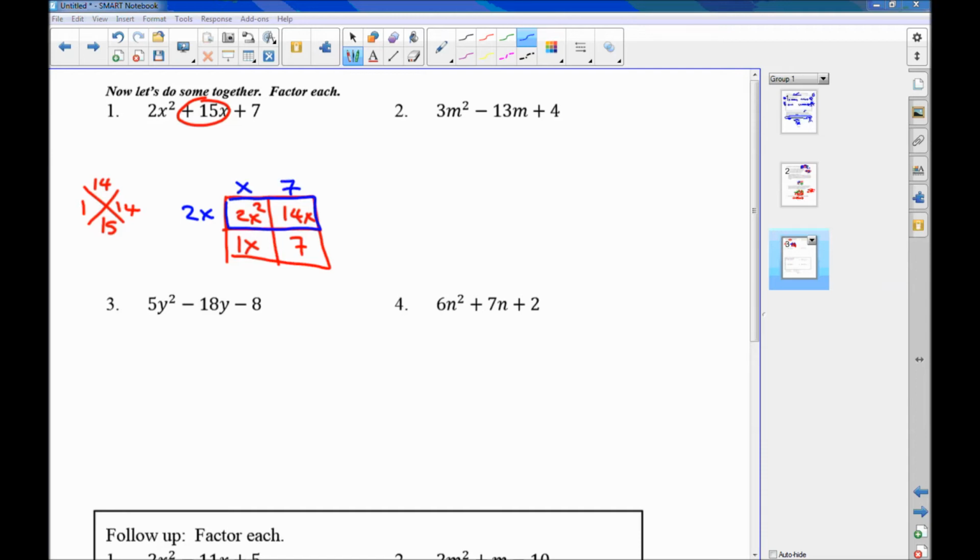So 2x times x makes 2x squared. 2x times 7 makes 14x. Okay, then we look at the second two, and we say, what's the GCF of these? It's not much, just 1. Okay, 1 times x is 1x, and 1 times 7 is 7. All right, so our binomials are going to be 2x plus 1 and x plus 7.